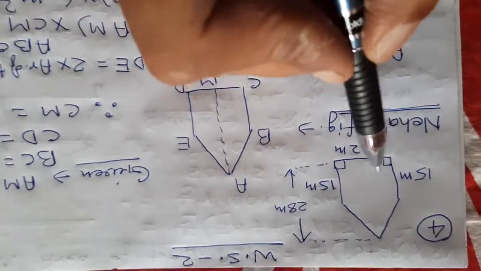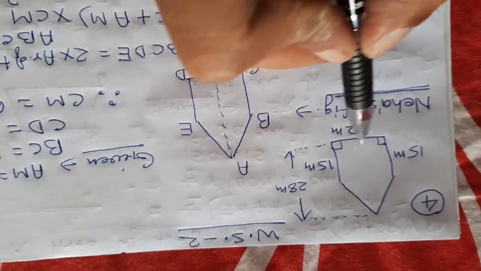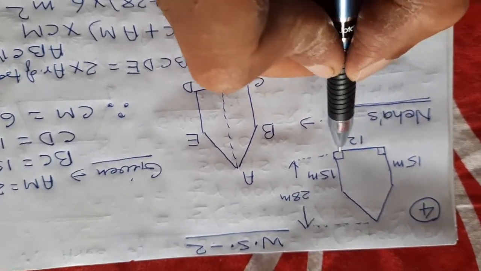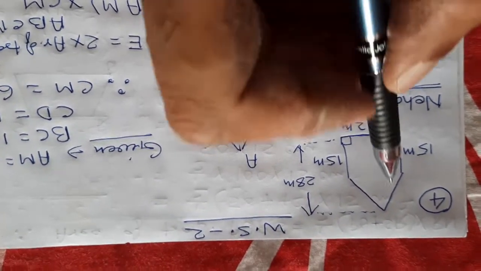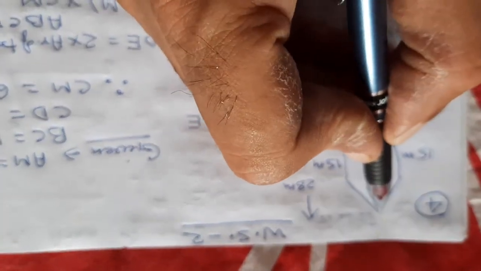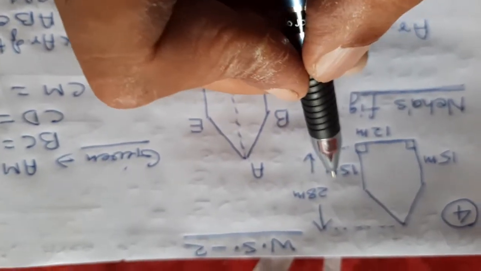A pentagon is in the form here: two parallel sides of 15 meter each, the distance between them is 12 meter, and the distance of the vertex from its base is 28 meter.